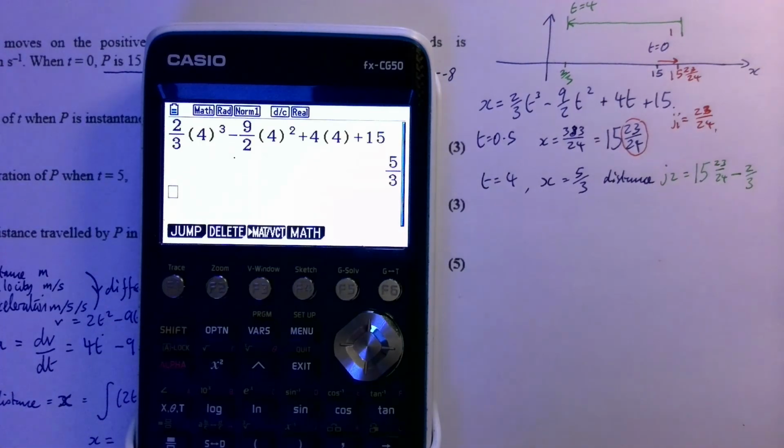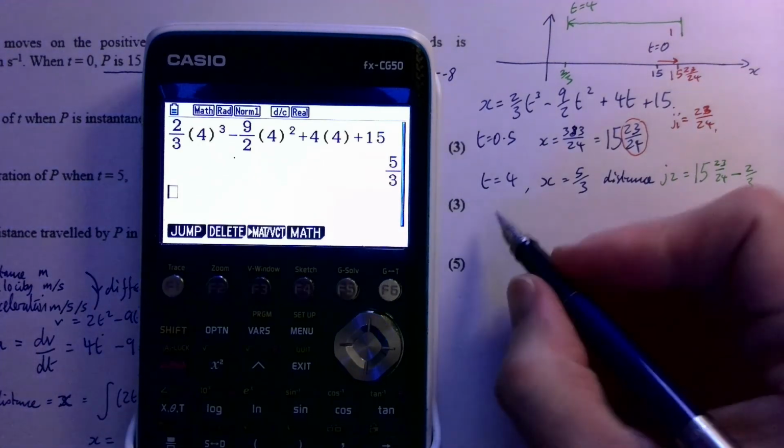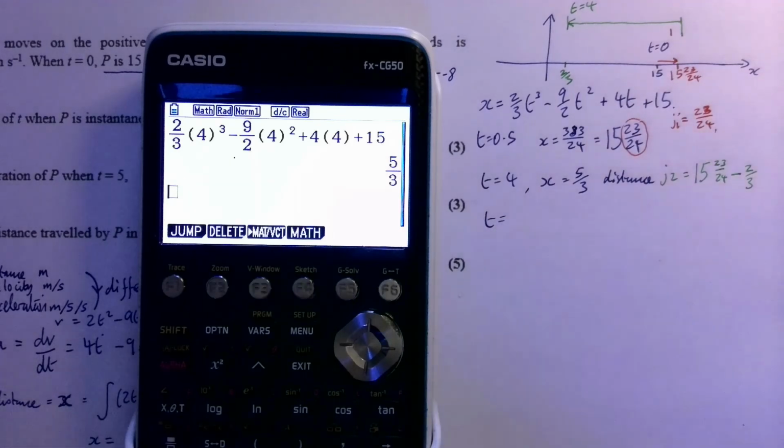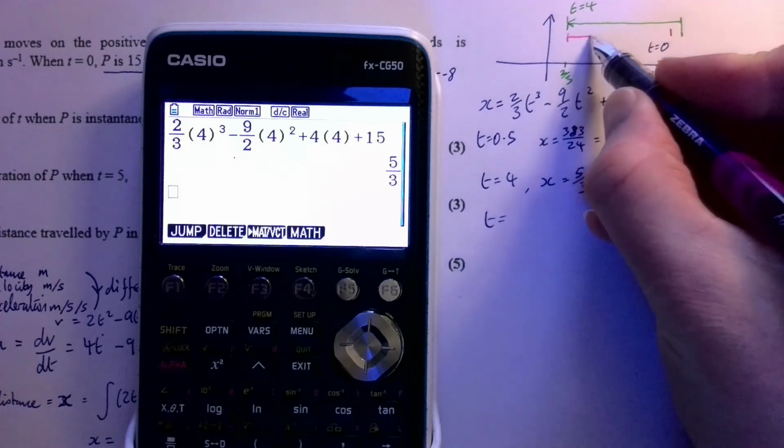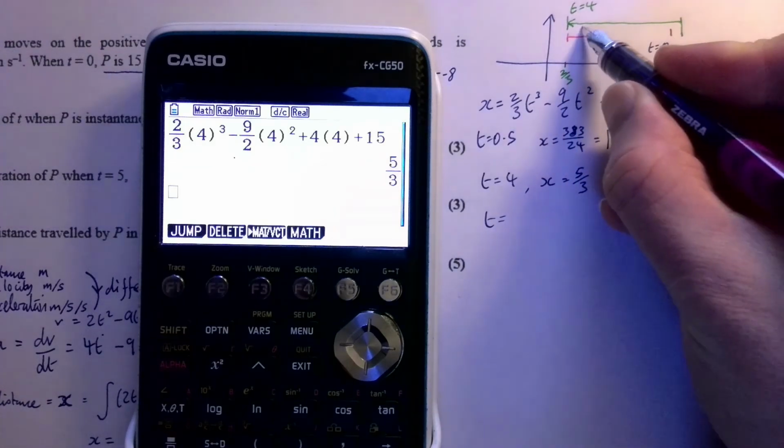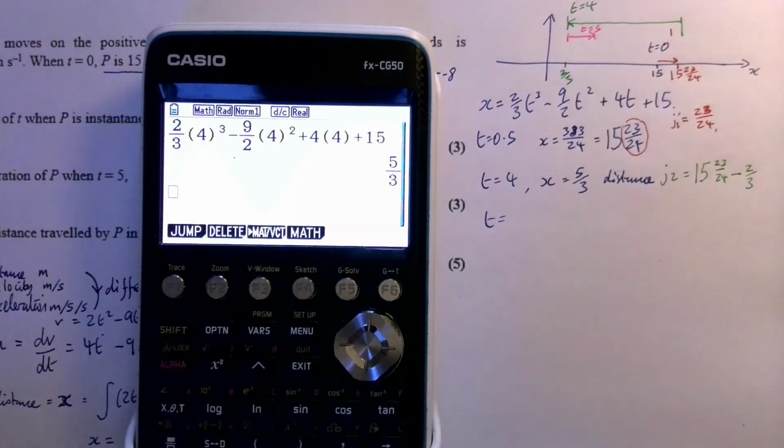And then we've just got the third journey, which is going to be it going back in that direction until t equals 5.